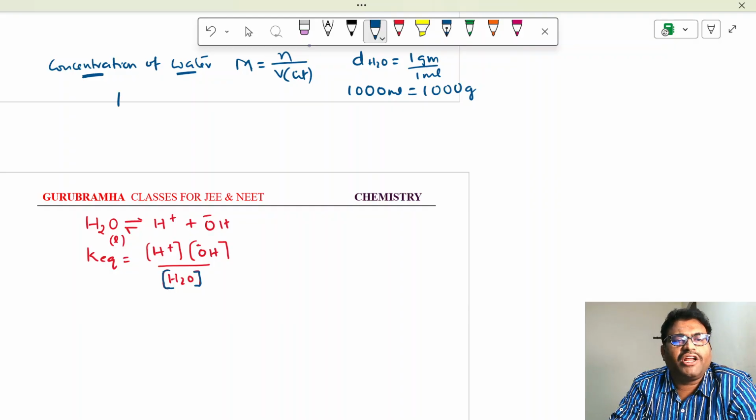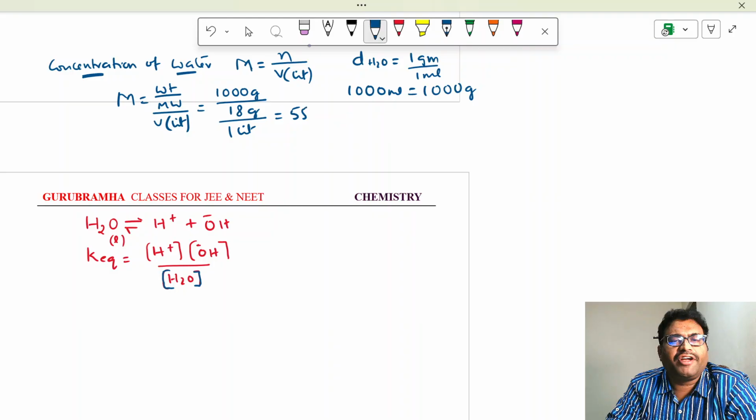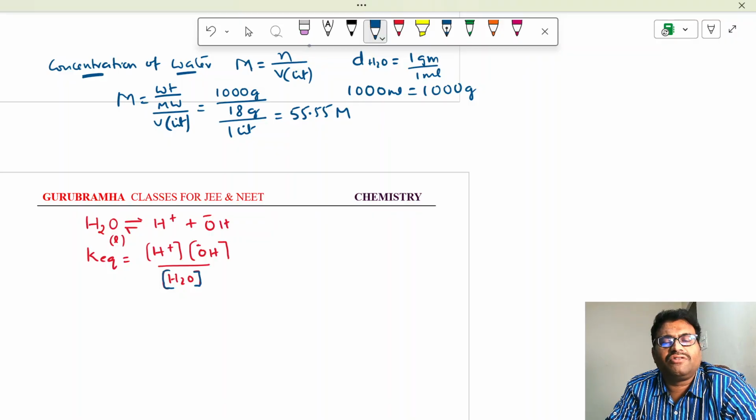So let us calculate the molarity. Molarity is equal to number of moles, that is weight by molecular weight, by volume in liters. Weight is 1000 grams, the molecular weight of water is 18 grams, and the volume is 1 liter. That is equal to 55.56 molar approximately.